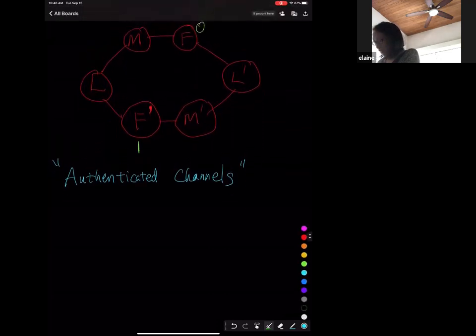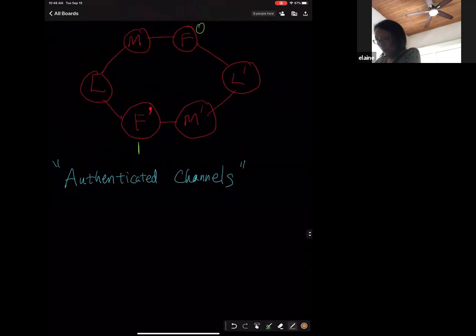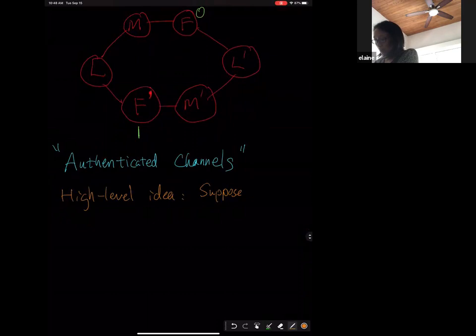So let me first write down the high-level idea of the proof. Suppose, for the sake of reaching a contradiction, that there exists a three-player protocol that defends against one corruption.